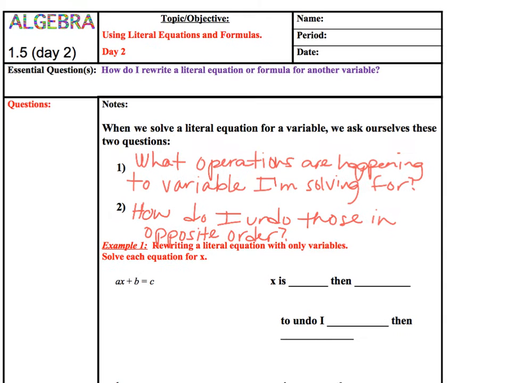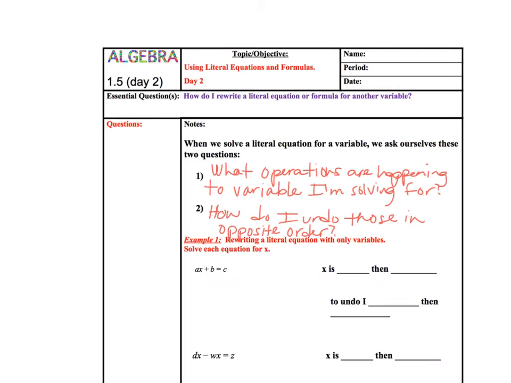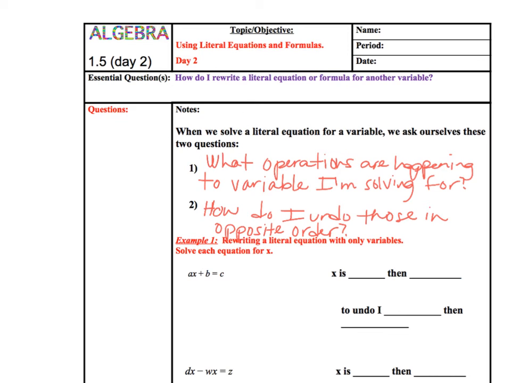So if you recall, when we are putting together an equation, it's in PEMDAS order. So this is the do. And if we want to undo and solve, we go backwards.